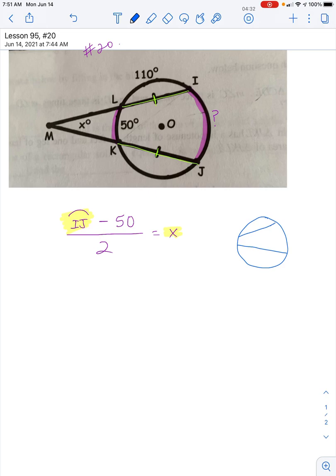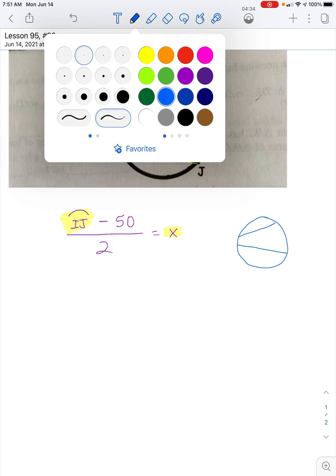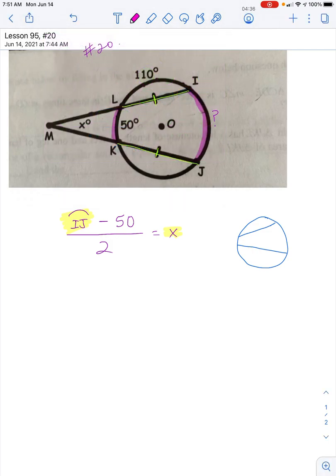So let's say then if that is true, then that must mean that this is 110. Okay, so the two intercepted arcs I just talked about is this one here I'm doing in yellow, and this here. This is going to help us find that one in pink over there with the question mark, IJ. Because the complete circumference of a circle is 360 degrees, right?